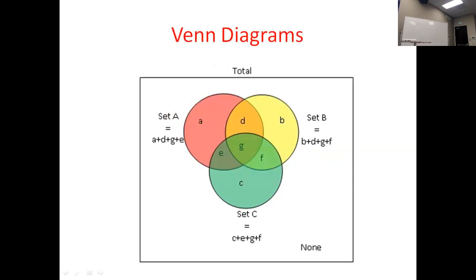For example, set A includes the small a area, D, G, and E. Set B includes B and F and G and D. C includes small c, E, G, and F. Okay, the outside would be none, an empty set. You see that, the none? So nothing outside.